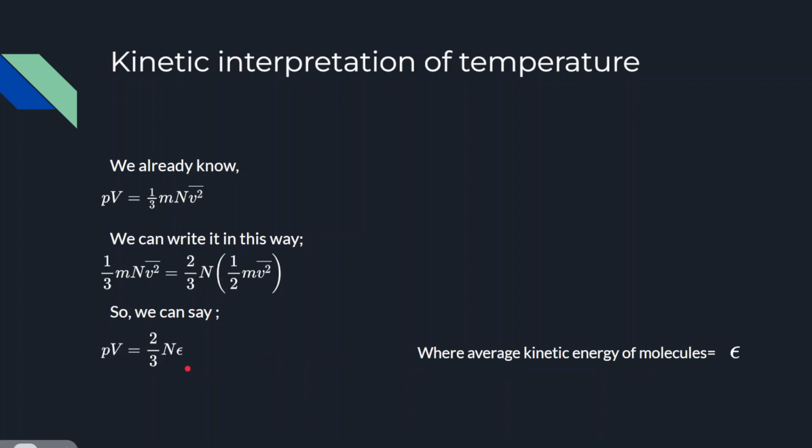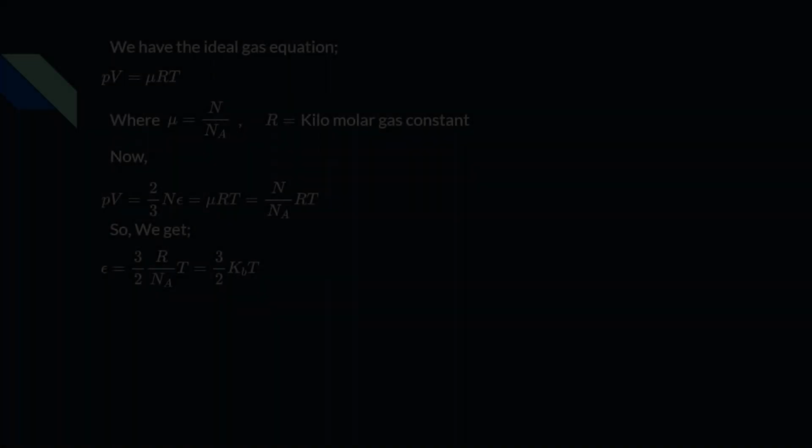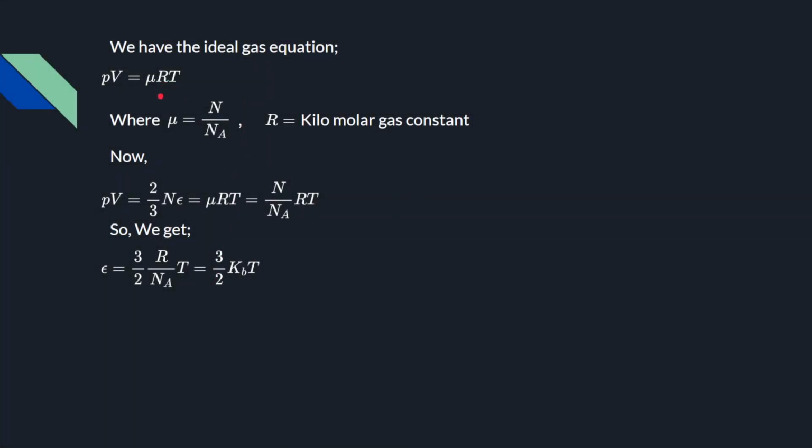Now we also have PV is equal to mu RT, which we derived in our previous lecture. Here mu is N by Na, and R is the kilomolar gas constant.